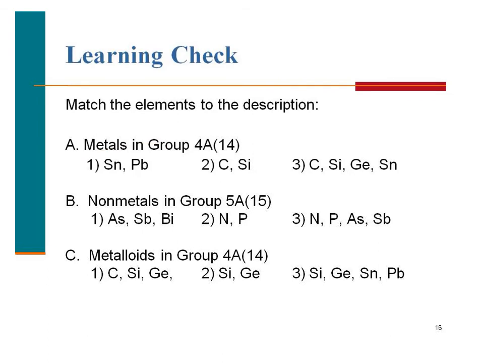We look at group 5A, and going down the periodic chart, we've got nitrogen, phosphorus, arsenic, antimony, bismuth, and again, depending on your periodic chart, it's going to depend on the name of that last element there. Your dividing line goes under arsenic and around antimony.